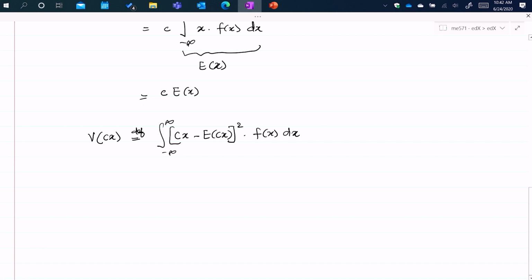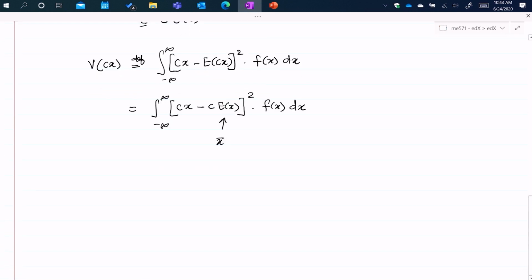And this, again, I can write as the integral from minus infinity to plus infinity of (c times x minus c times the expected value of x) whole squared f of x dx. The expected value of x is what we denote as x bar.